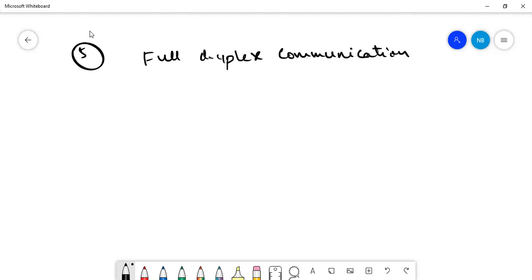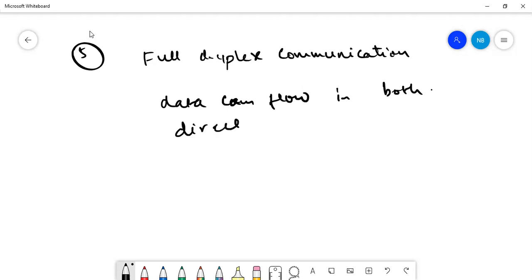What do you mean by full duplex communication? In full duplex communication, data can flow in both directions, this side and this side, so between sender and receiver.